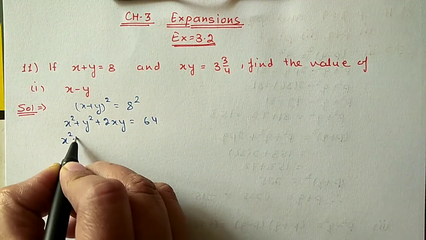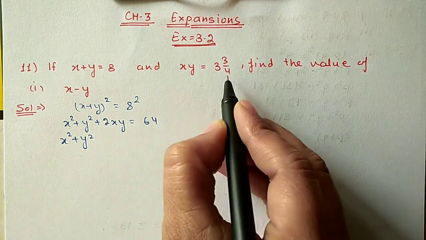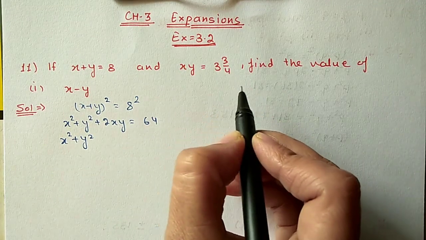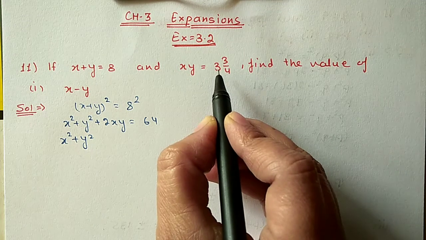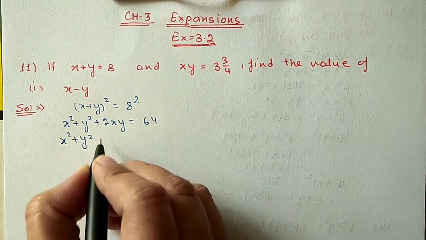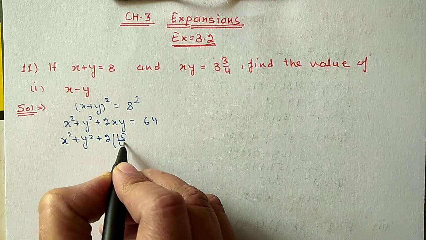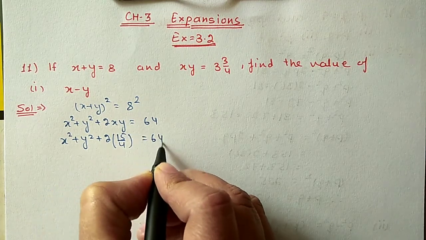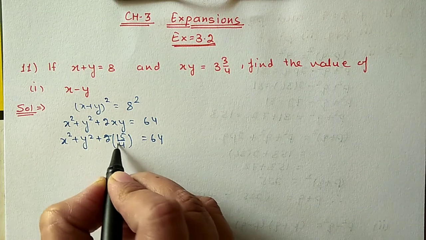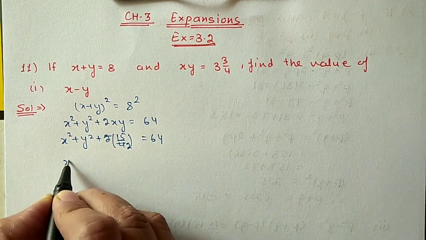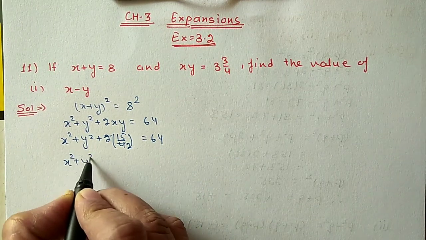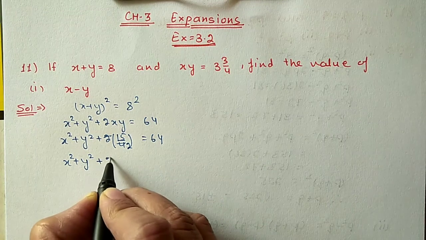Now xy value is given in the question, 3 whole number 3 by 4, which we can change into improper fraction: 4 threes are 12 plus 3, 15 by 4. So 2 into 15 by 4 equal to 64. We can cancel out here 2 times. So we have x square plus y square and 15 by 2 is 7.5.